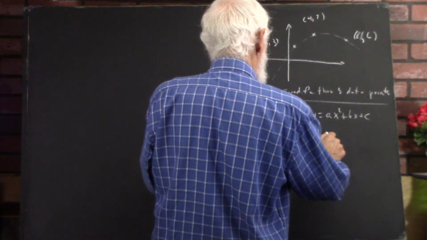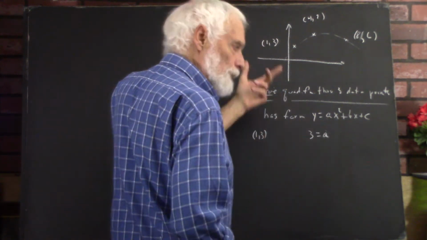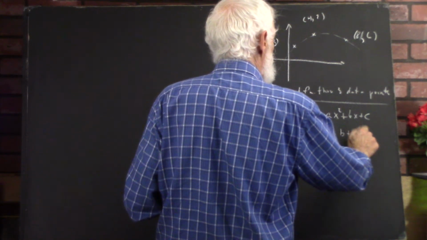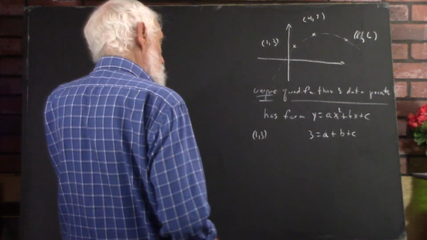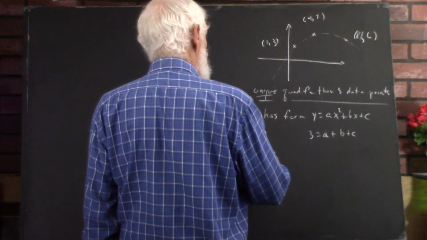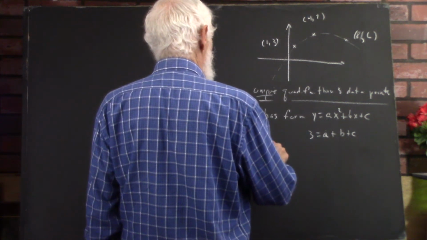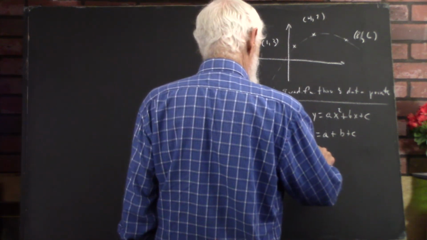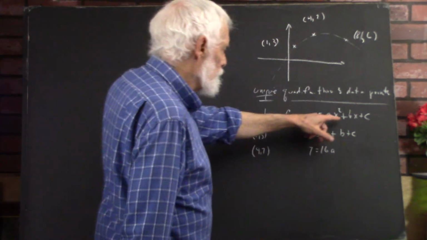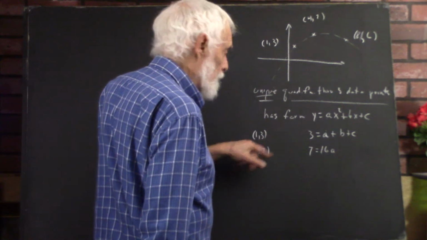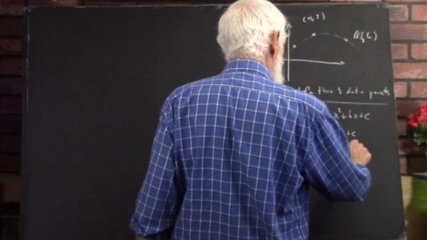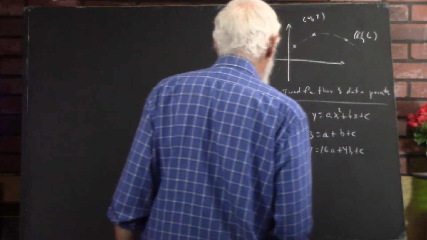Well, x is 1, so x squared is 1. Bx is also going to be 1, and c is always just c. Then the point (4, 7) tells us that 7 equals 16a, because of course x is 4, and x squared is then 16, so we get 16a plus 4b plus c.